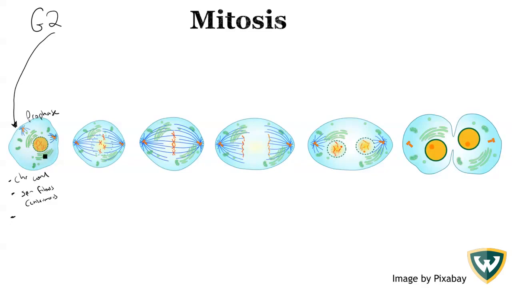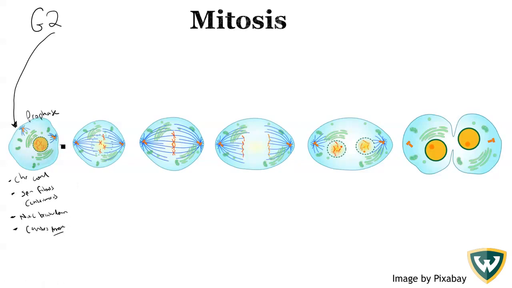Additionally, the nuclear envelope, as you can see right there, begins to break down. And the centrosomes themselves begin to move to opposite sides.